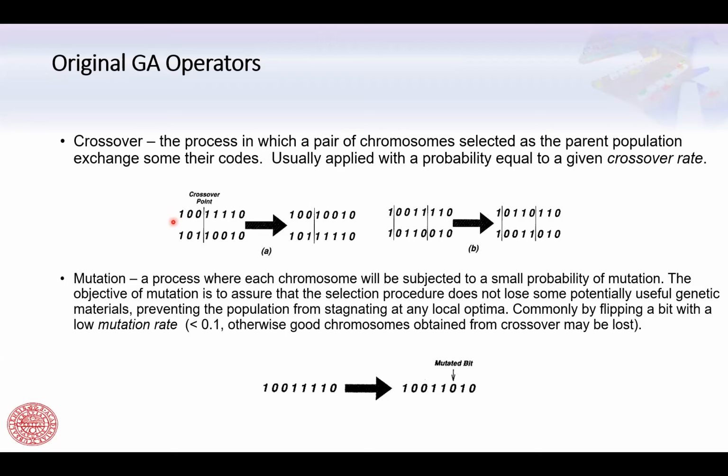But for a binary string, if you have a one-point crossover, a single-point crossover, you randomly choose where you want to cut. After you choose where to cut, the first part of the genes comes from the first chromosome, as you can see here, but the second part comes from the other parent. I think it's better if I give you a pen here so that you can see.